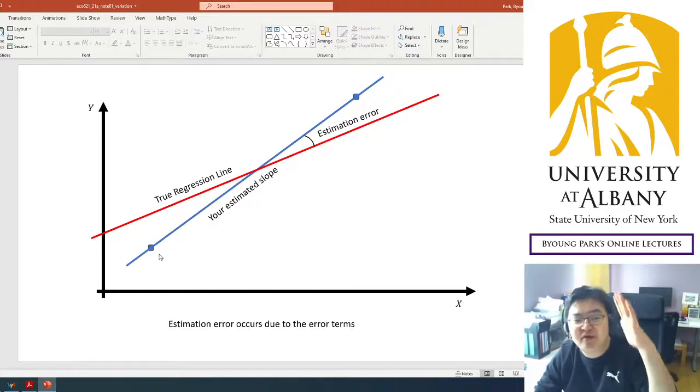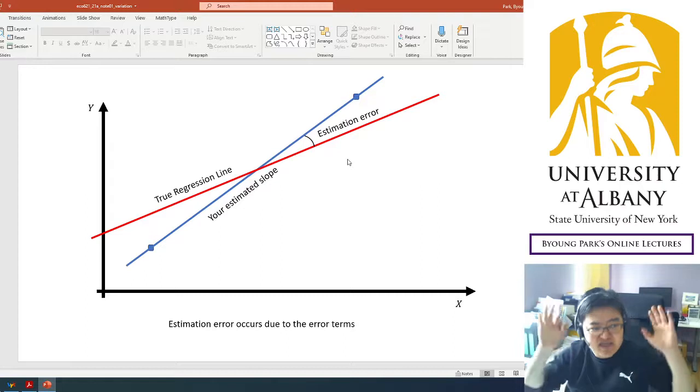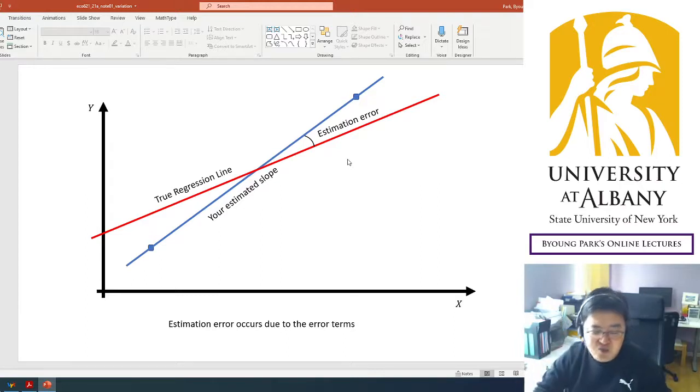It's too steep. So you are wrong, but there is no other way. You cannot avoid those errors as long as you have error terms. This is just the basic intuition behind OLS estimation. It's nothing about variation at all.